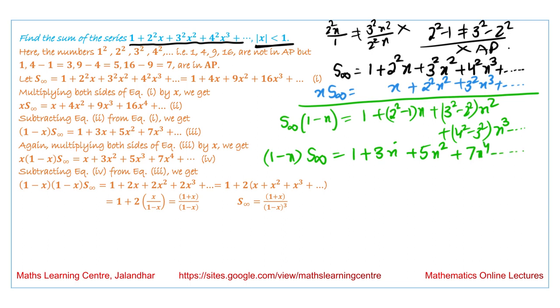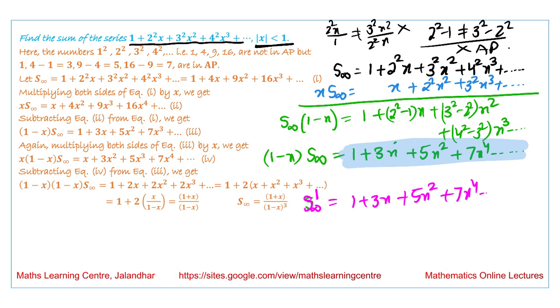Now look at this sequence. This is an arithmetico-geometric series. If we want to calculate the sum of this series, suppose we write S infinity dash is equal to 1 + 3x + 5x² + 7x³ and so on. Then x·S infinity dash is equal to x + 3x² + 5x³ and so on.